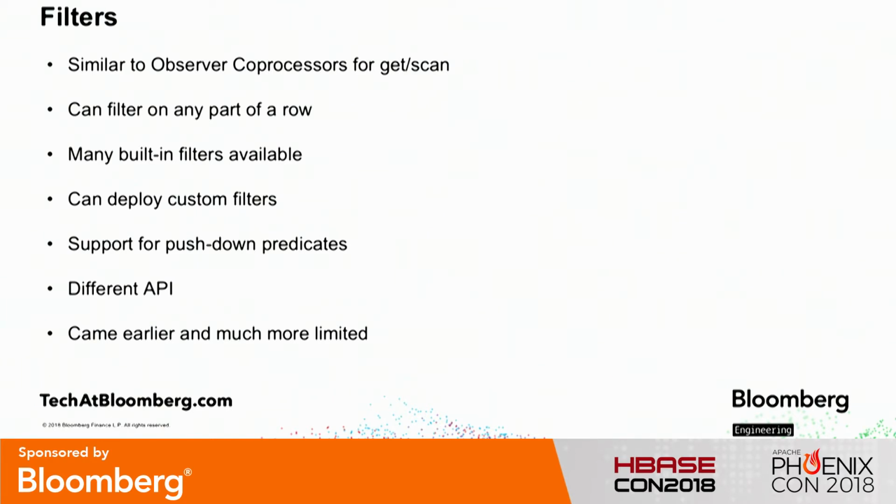What they only let you do is things like gets and scans, and you can then filter this data so that you pass back less data, and you can run predefined operations on the data, or you can actually deploy your own custom filter and run it over the data. So this would work very similar to the way the coprocessors work, where you're writing your own jar that is then running within the HBase system. However, they're a little bit more limited in that they're really only running on the gets and the scans.